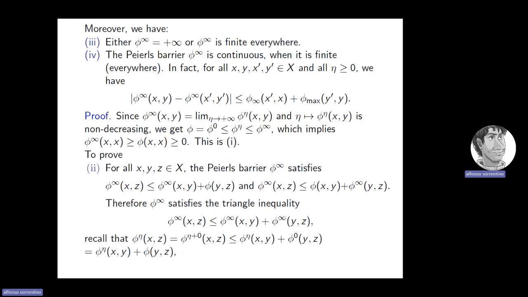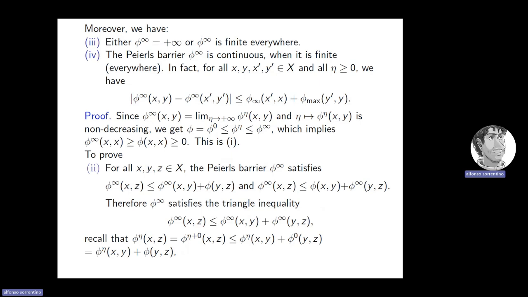Now, again, we do phi eta of xz is equal to phi eta plus 0 of xz. We use that it is less than phi eta xy plus phi 0 of yz. So this is phi of yz. Phi 0 is phi.